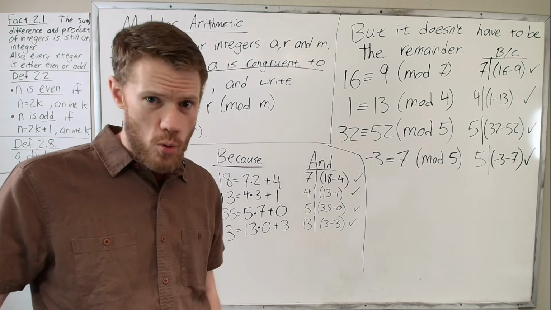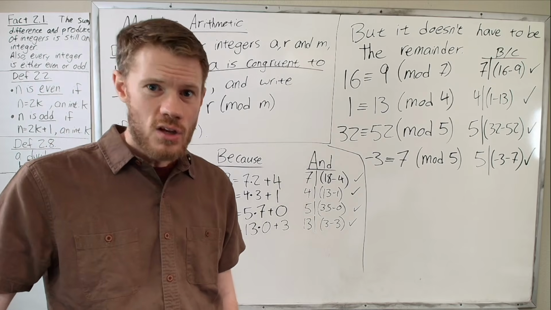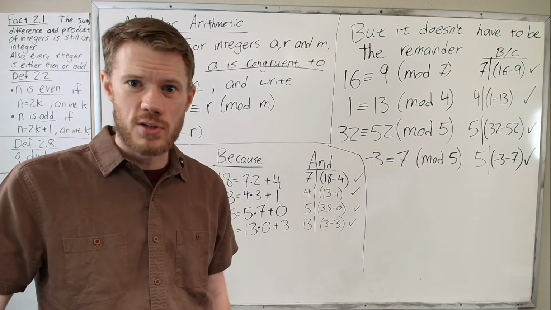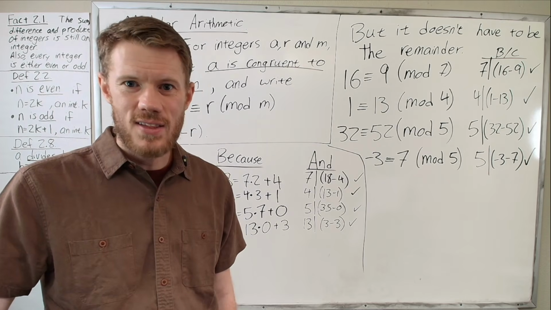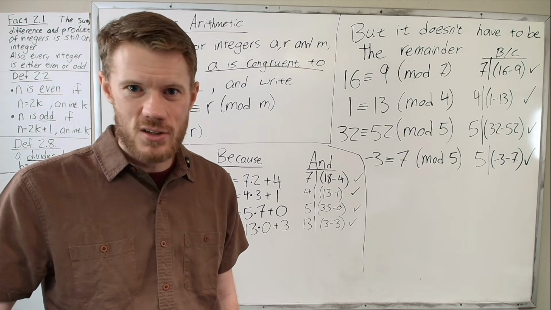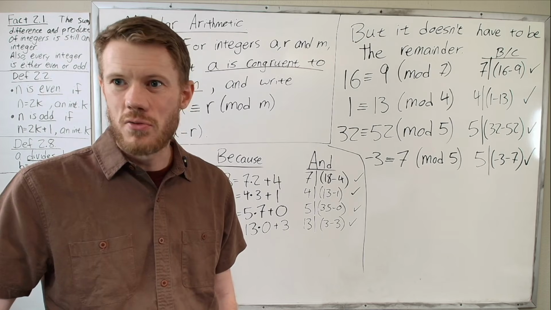So let's work mod 4 now. What are some things which are all congruent to each other mod 4? Well, using this balls and boxes analogy, let me give you 3.